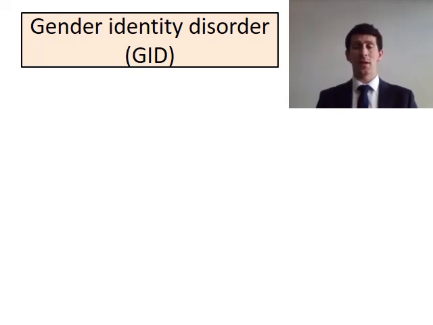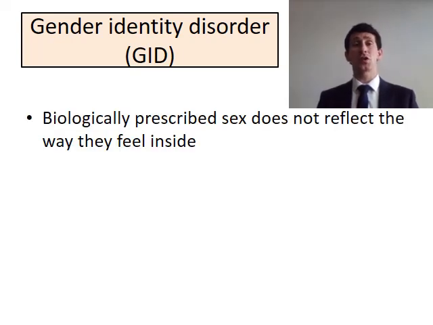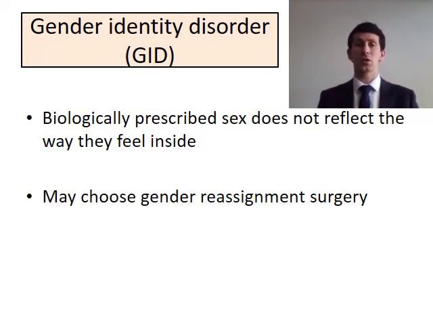So it's clear. Sex is whether you are male or female, so your biology, and gender is whether you feel masculine or feminine. However, some people have something called gender identity disorder, or GID, and this is where their biological sex doesn't reflect the way they feel inside. So you might be born male, but feel feminine. You might be born as a woman, but feel masculine. And that's gender identity disorder. We're going to look a little bit at that now, but we have a whole different video on this particular topic later on in the course.